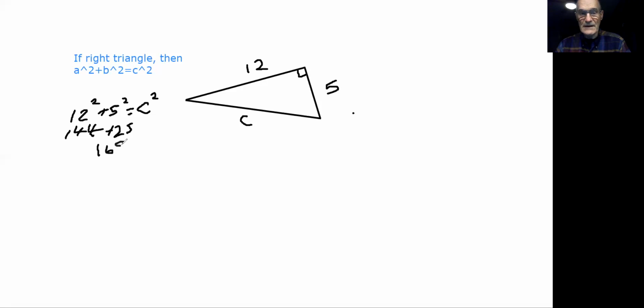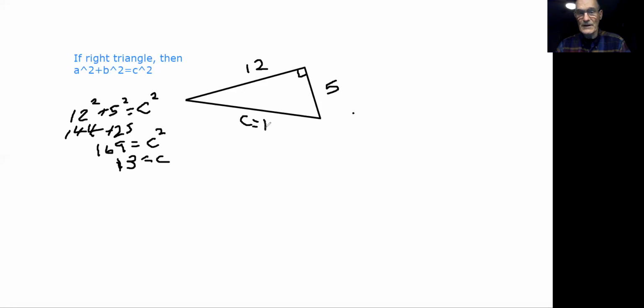And if 169 equals c squared, we take the square root of both sides, we get c equals 13. So we have a 5, 12, 13 right triangle.